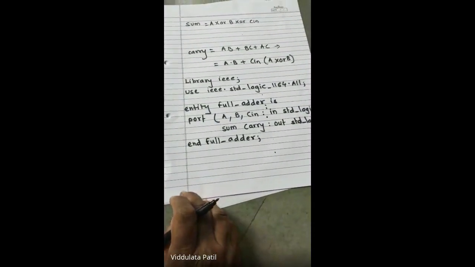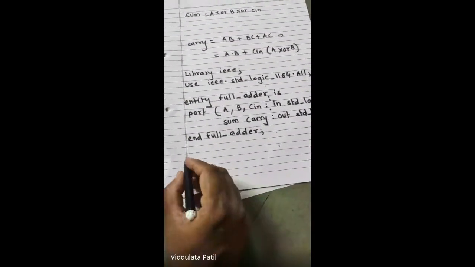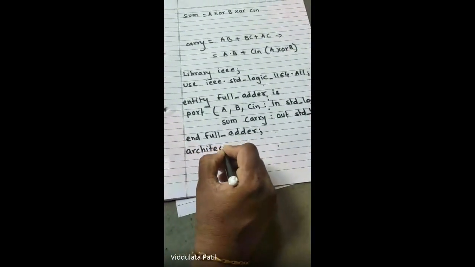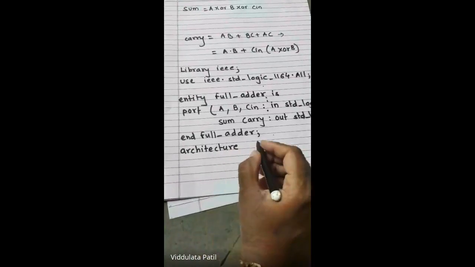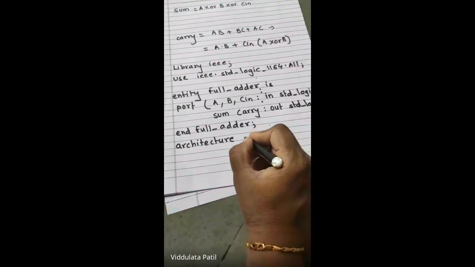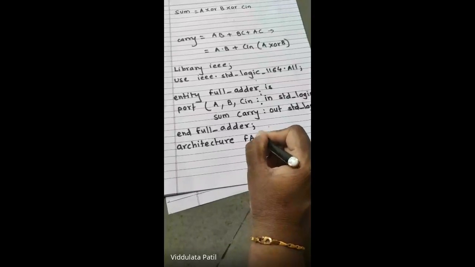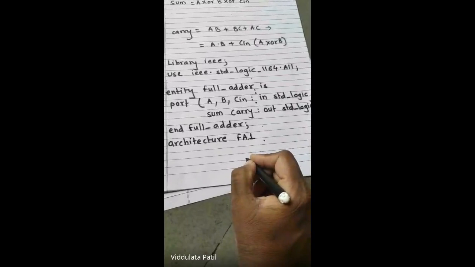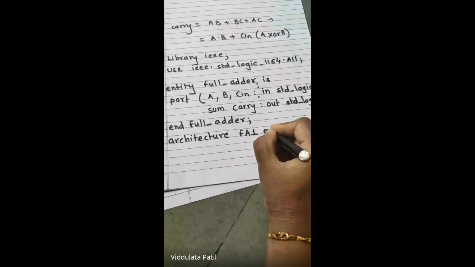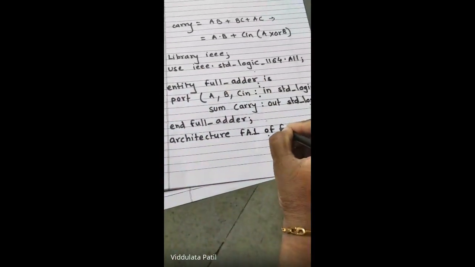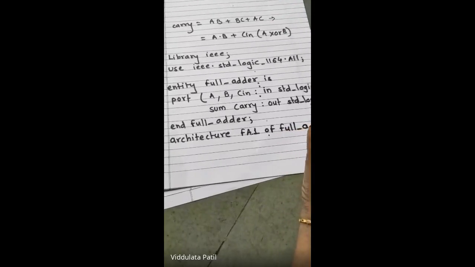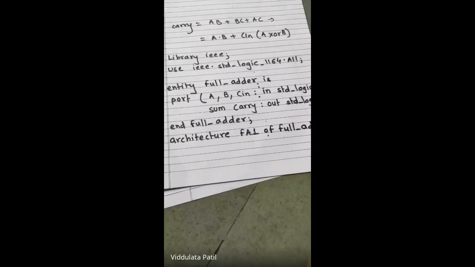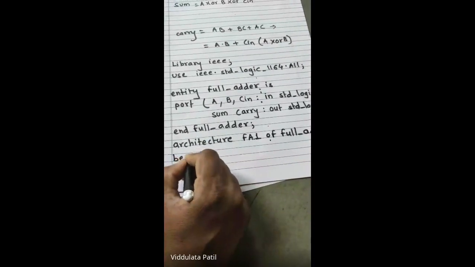Okay. Now, next to this, what do we need to do? We need to write the architecture. Architecture of, okay, we will give the name FA1. So architecture FA1 of entity name full_adder is, and then begin.